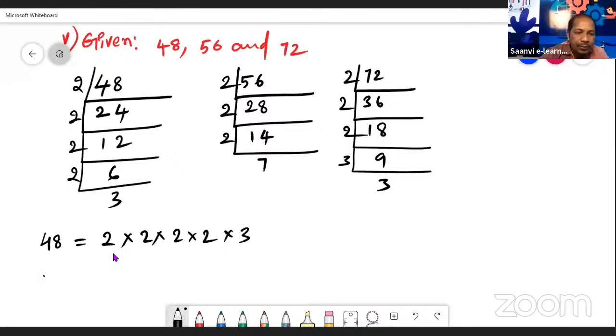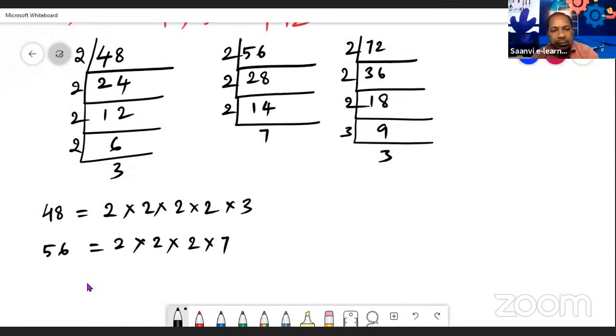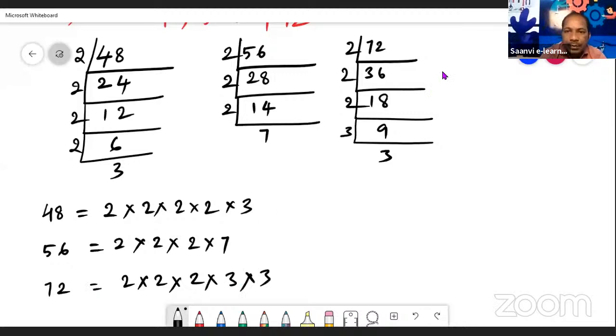And the factors of 56 are 2 into 2 into 2 into 7. Okay. And next, the factors of 72 are, what are they? 2 into 2 into 2 into 3 into 3. These are the factors of 72. Okay.